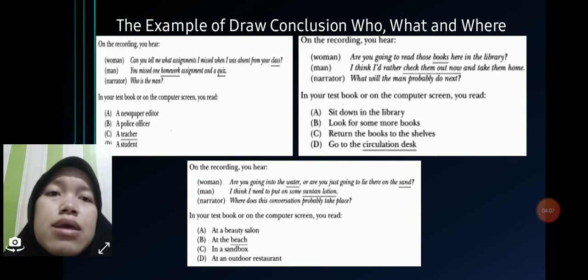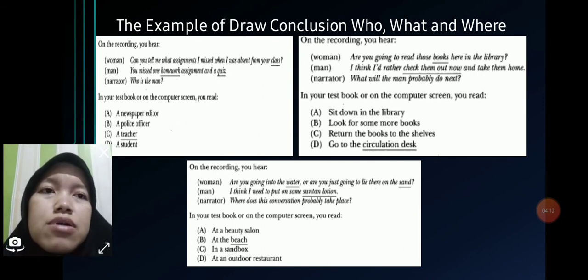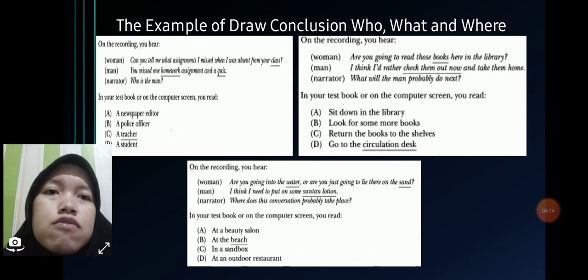Here there are a lot of keywords to determine the answer, like homework, quiz, and class.